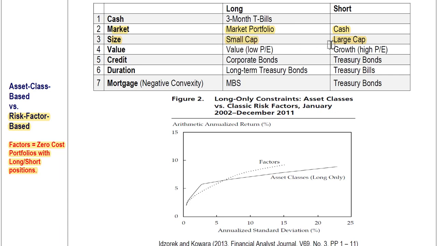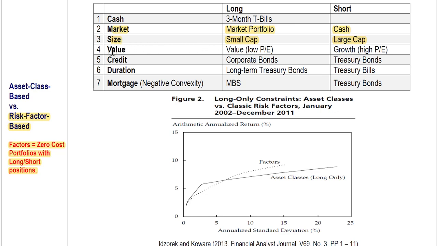For example, we have two ETFs: we short the large cap ETF, Spider, and then buy the small cap Russell 2000 ETF. Then we are able to create a size factor. That's interesting, right? It's a mimicking portfolio.